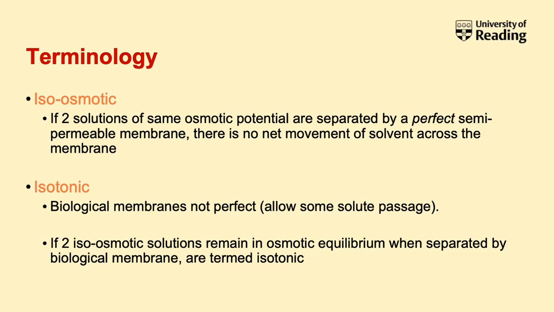Okay, so isotonic is the isoosmotic term for a non-perfect biological system. And this, of course, is very important for solutions for certain administration routes where you don't want to lead to swelling. You want to make sure your solution is isotonic, so isoosmotic with the surroundings.